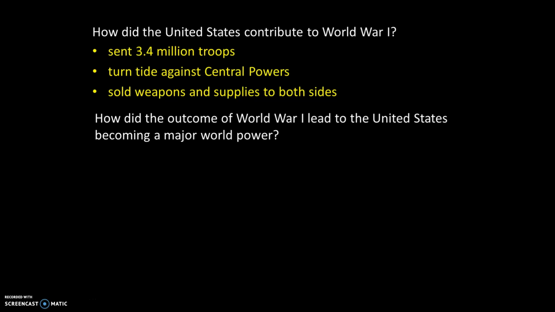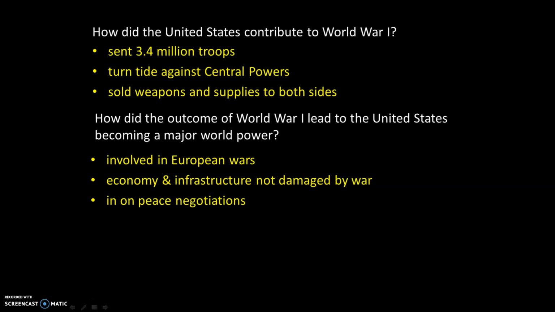As far as the second one, how the U.S. became a major power, this is kind of the key thing about World War I for our conversation. We got involved in European wars. This is sort of the last step away from isolationism as laid out by Washington, avoiding getting involved specifically in European entanglements. We're now pretty much involved in the world.